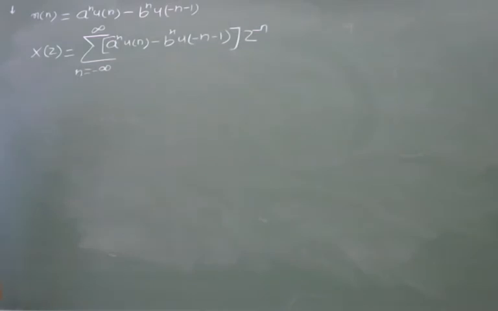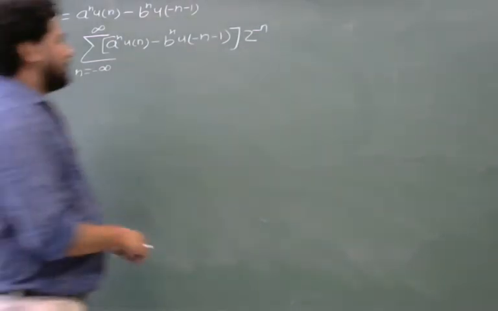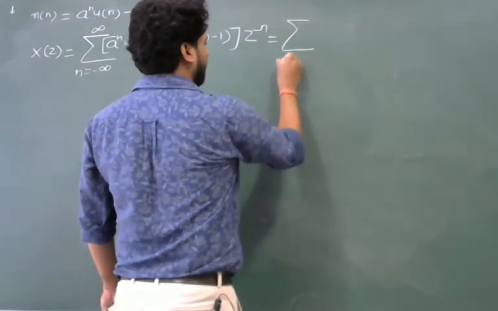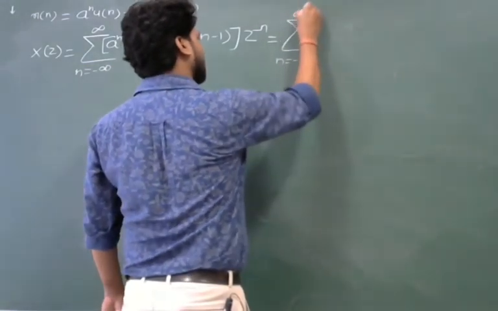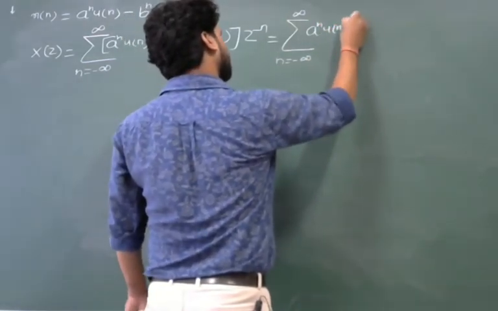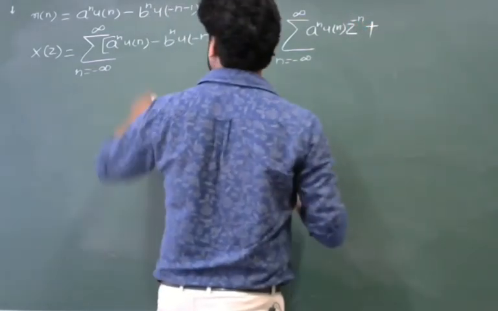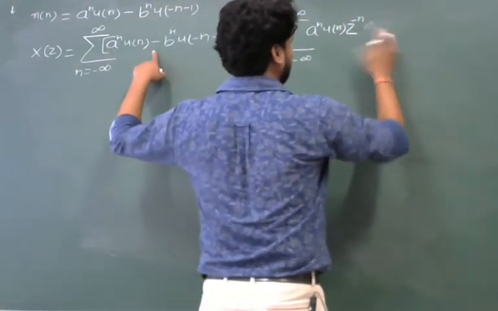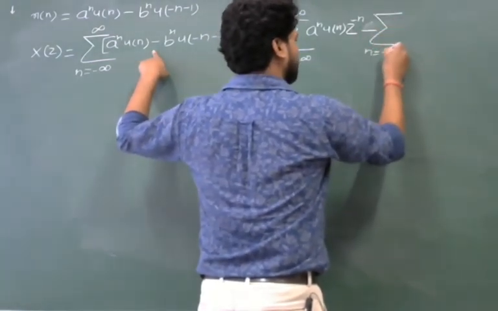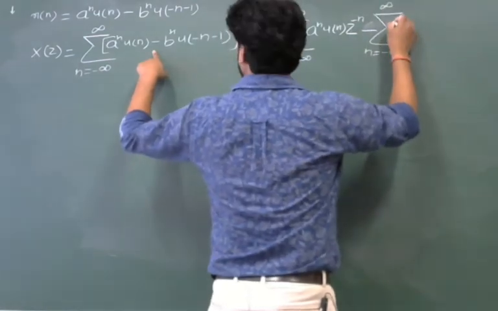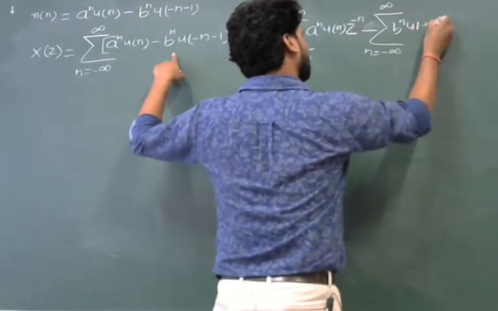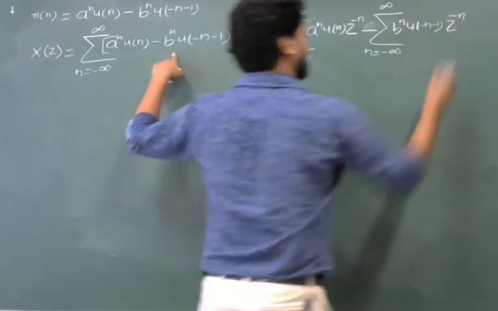Now this can be written as the sum from n equals minus infinity to plus infinity of a^n u[n] z^(-n), minus the sum from n equals minus infinity to plus infinity of b^n u[-n-1] z^(-n).